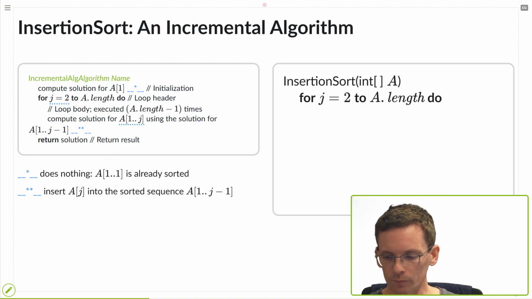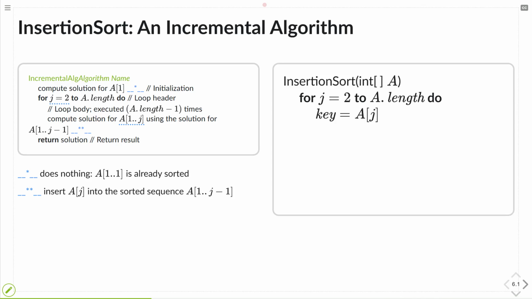This now works as follows. We take our new element, which we call key. We compare key to the last element in the sorted sequence so far, which is the largest element. If the last element is larger, I move it by one position. I initially point to j minus 1, the last element of the array so far.